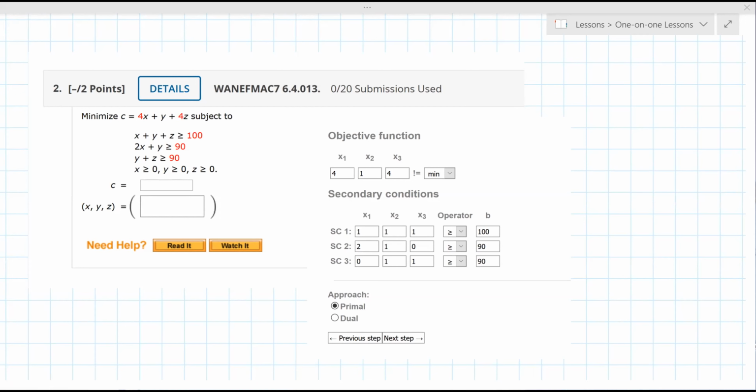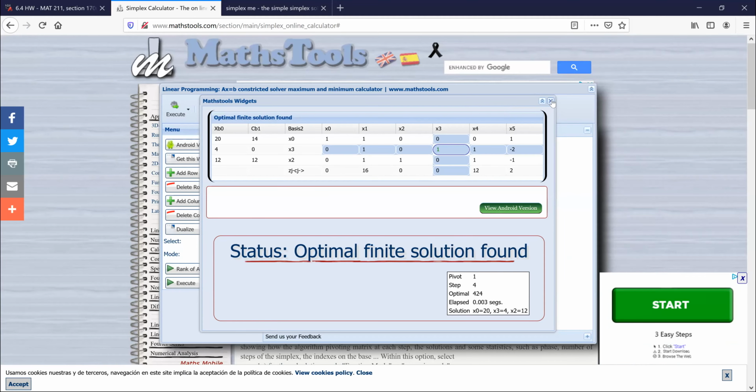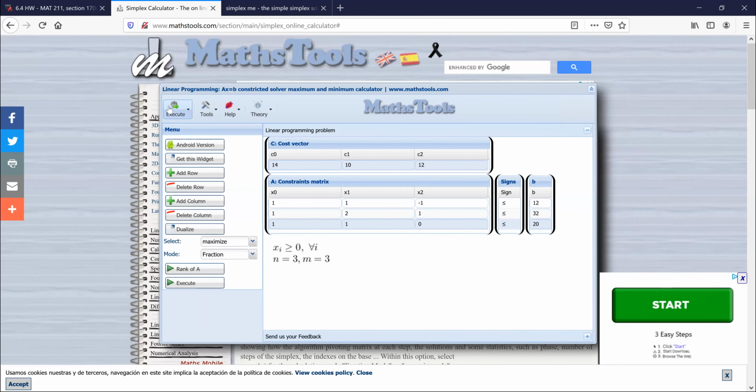Okay, let's try your instructor's calculator here. Maybe it'll work better for these minimized problems. Okay, so let me try this again. This time we're trying to minimize 4, 1, and 4, and our constraint matrix is 1, 1, 1, greater than or equal to 100.